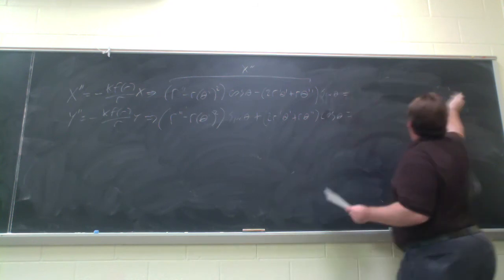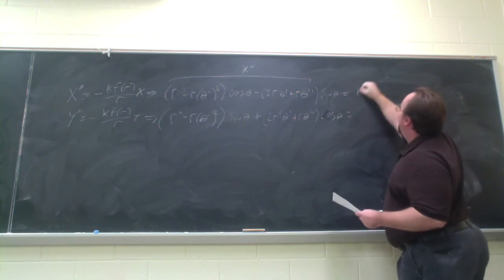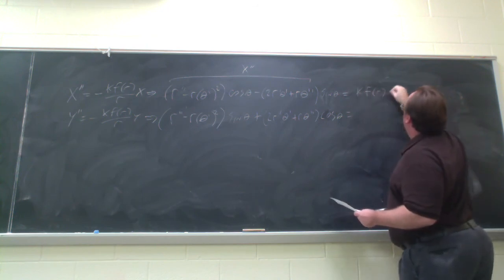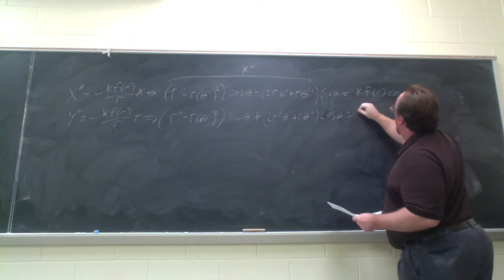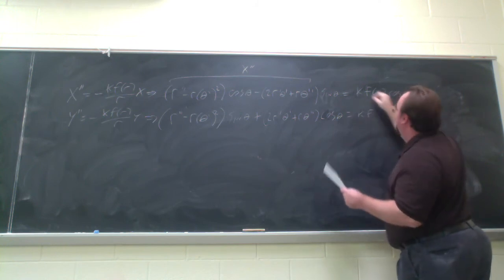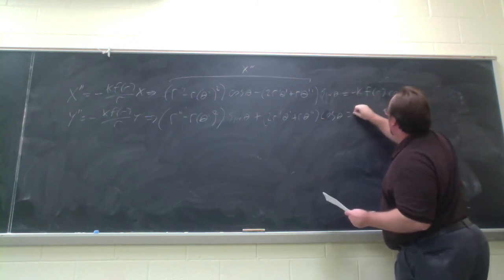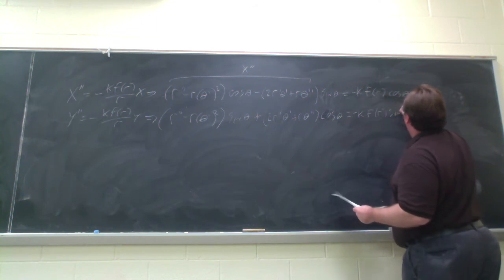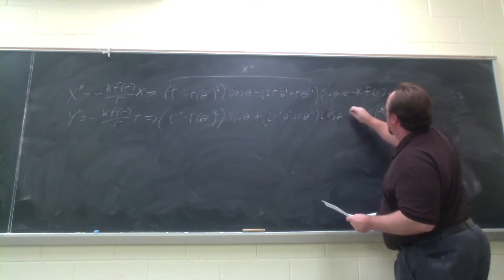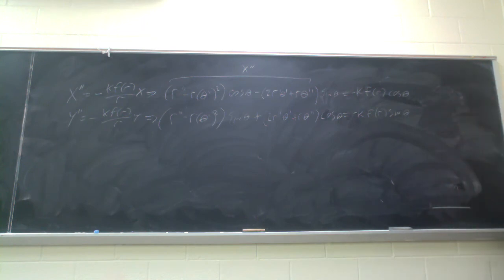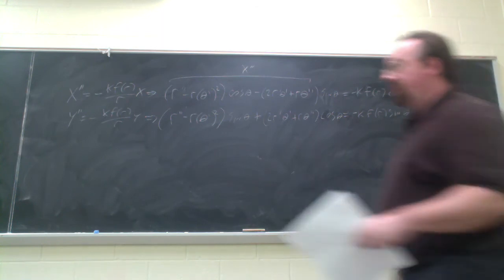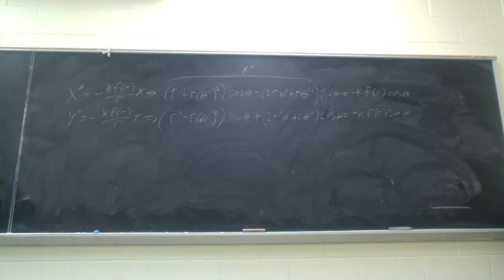And then all the other stuff. So k f of r cosine for x, and k f of minus r sine for y. Okay, so that's what these equations are now in polar coordinates. And what you do now is, it's kind of similar to what we did recently with limit cycles.